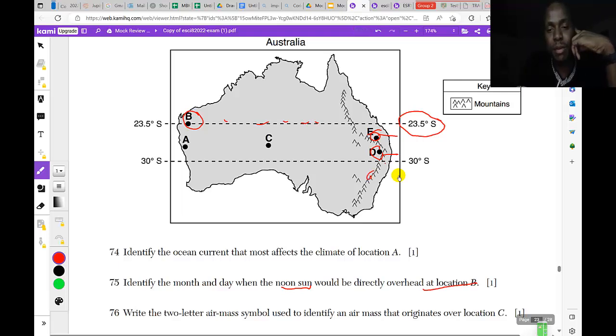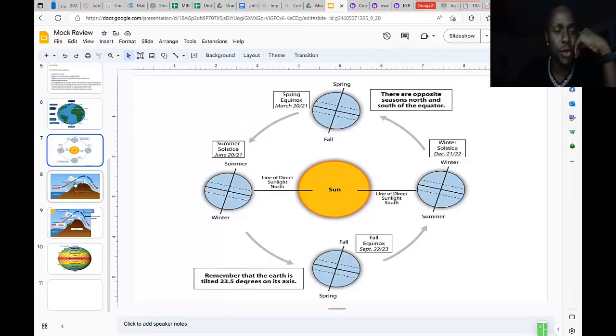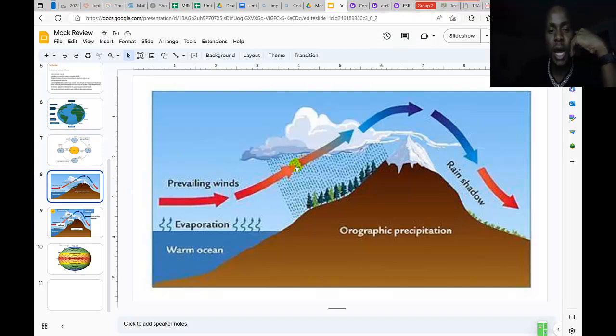If you remember this symbol, this little inverted V represents mountain, which means location E is in front of the mountain, and location D, on the other hand, is behind the mountain. And that brings us to the concept that we discussed about orographic effect. If you recall, we said whenever wind is coming from the ocean and it meets a mountain, the wind is forced to move up the mountain, and the higher you go, the cooler it becomes.